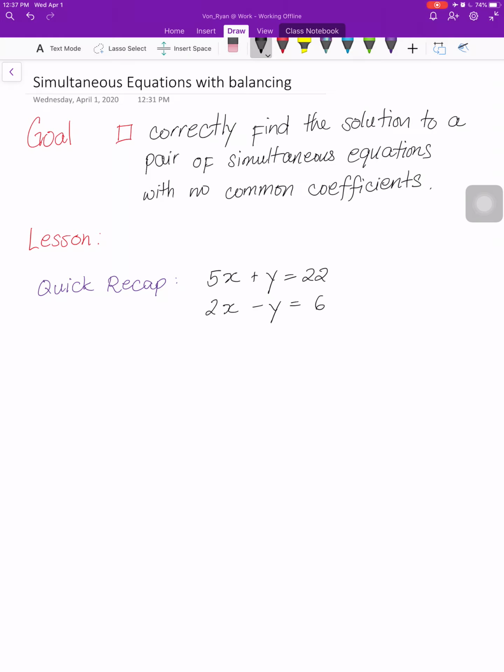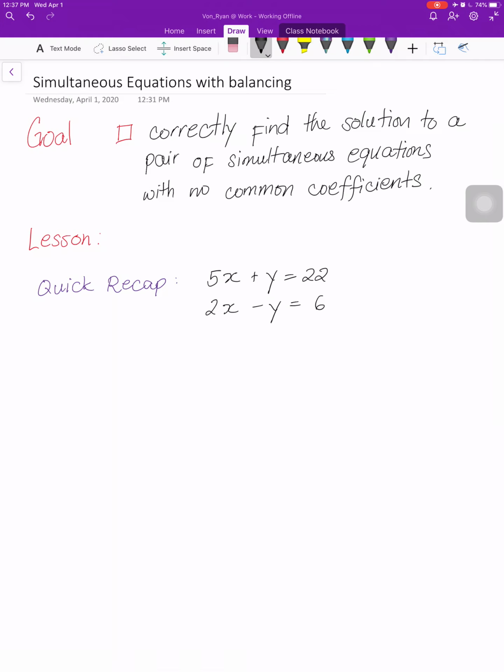Let's do a quick recap of solving, or finding the solution to, a pair of simultaneous equations, in this case without the need for balancing first. Suppose we have 5x plus y equals 22 and 2x minus y equals 6.